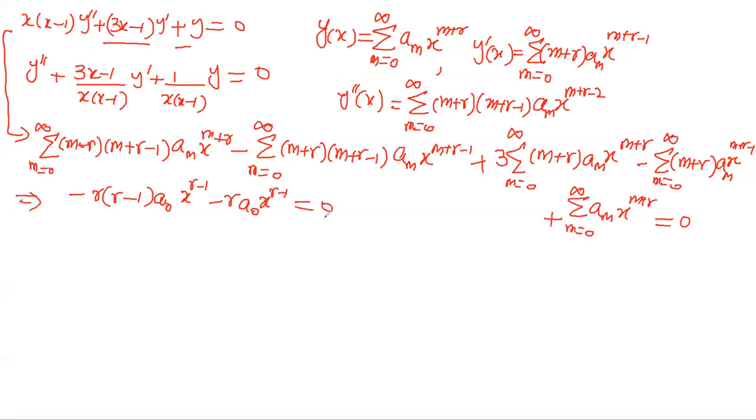I think you have to do the verification yourselves. If you simplify it, it will be r square plus r minus r equal to 0, so r square is equal to 0. We will get a double root, r equal to 0, and that will be considered as case 2.